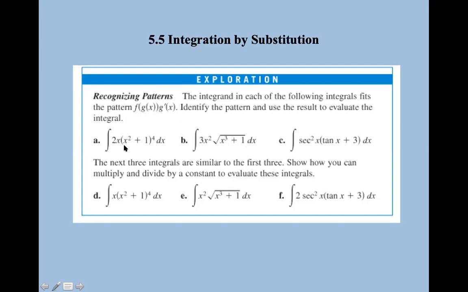If I found the derivative, using the chain rule, of this g of x here, g prime of x would be 2x, and there it is. So then I really just need to find the antiderivative of x squared plus 1 to the 4th, which would be 1/5 x squared plus 1 to the 5th, right? Once I recognize the pattern, I don't need to worry about the chain anymore. I can just look at what the function was and find its antiderivative.